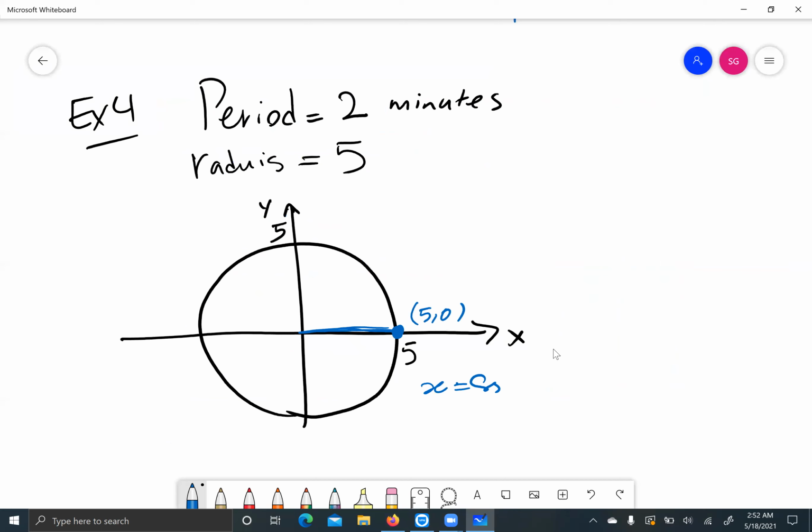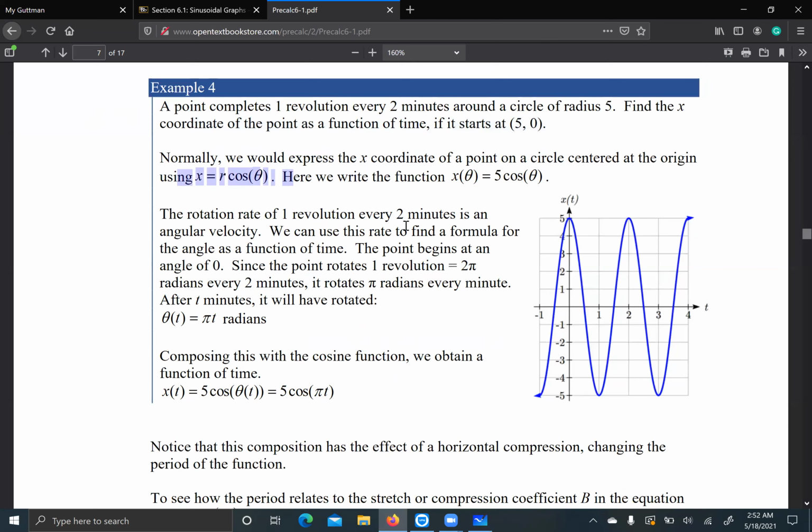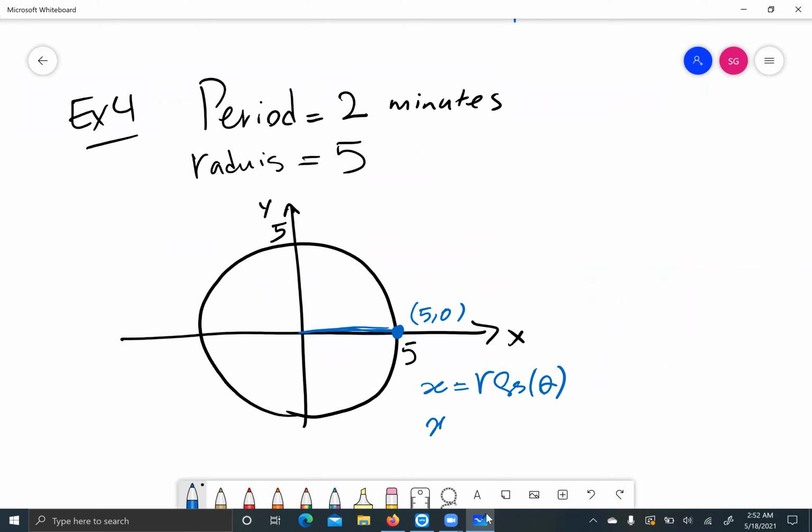Because this is not the unit circle, it's r times cosine of theta. And here r is 5, so x is 5 cosine of theta.